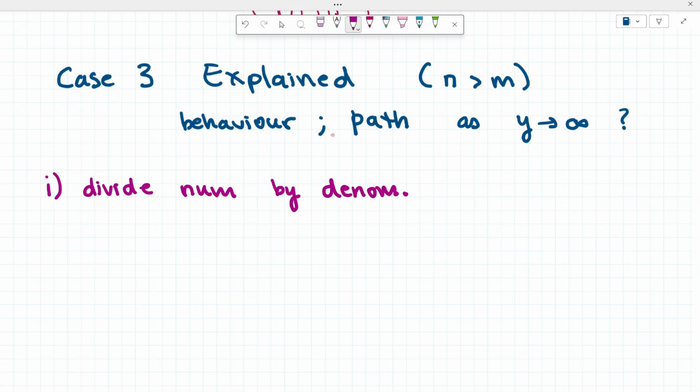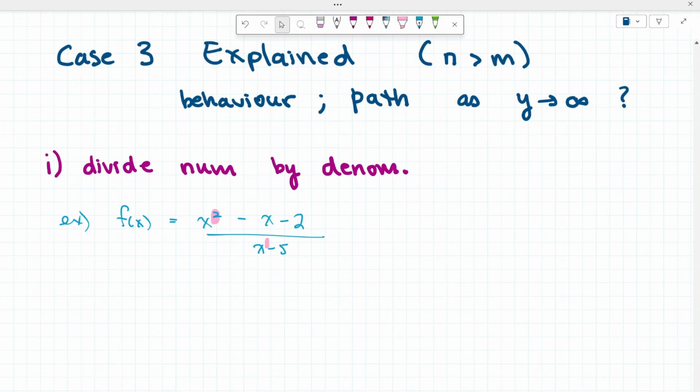Okay, so let's see what skills we need there. We're going to consider an example to help us through this. So what if we have f of x equals x squared minus x minus 2 over x minus 5. Again, we can see the degree at the top is bigger than the degree on the bottom, so we want to divide the numerator by the denominator.